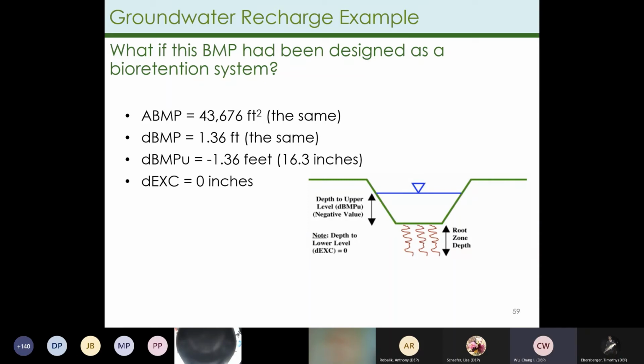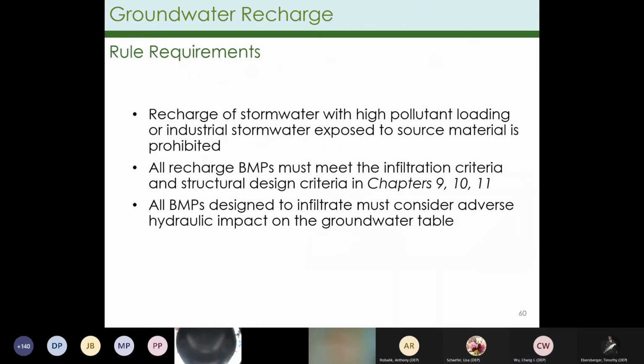So there is the input for the groundwater recharge on page 2. And one caveat for groundwater recharge is that for recharge of stormwater, when you have high pollutant loading or industrial stormwater exposed to source material, you cannot recharge that runoff into the subsurface.